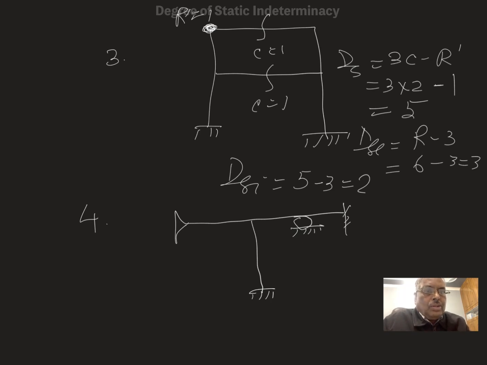So there are 2 reactions here, R1 and R2. This is hinge. So if I am going to make it rigid, one external reaction we have to put, then it will be fixed. So making a tree-like structure, it will be fixed. Here there is one reaction only.